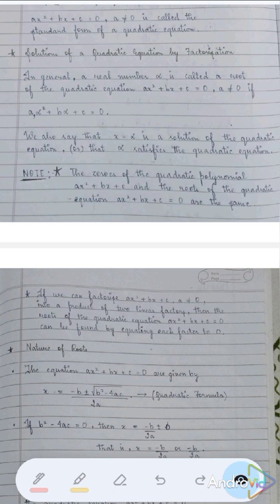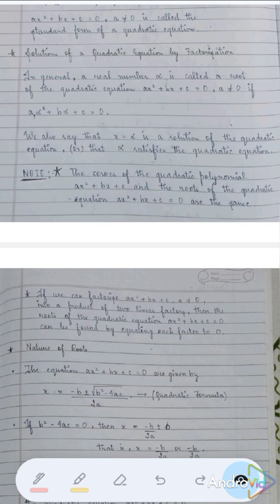That is, x is equal to alpha. We also say that x equal to alpha is a solution of the quadratic equation, or that alpha satisfies the quadratic equation.